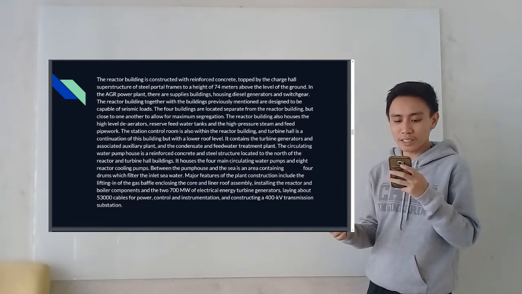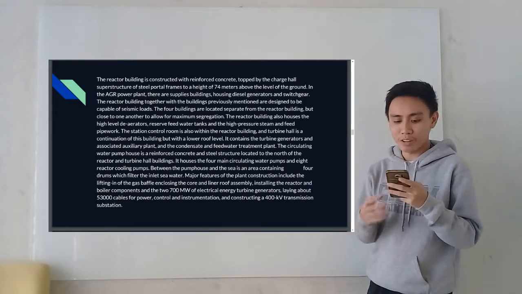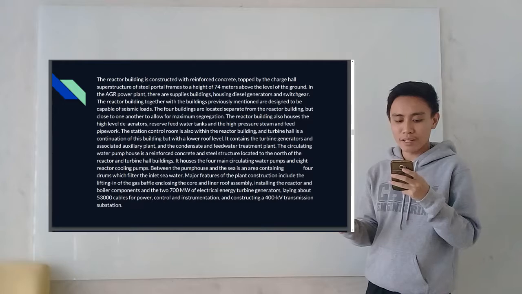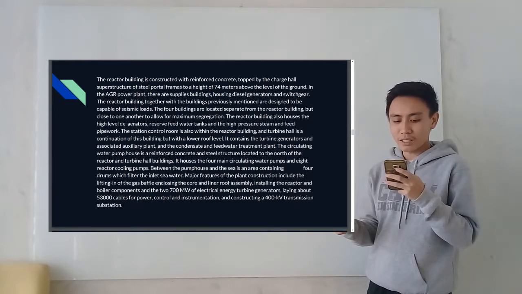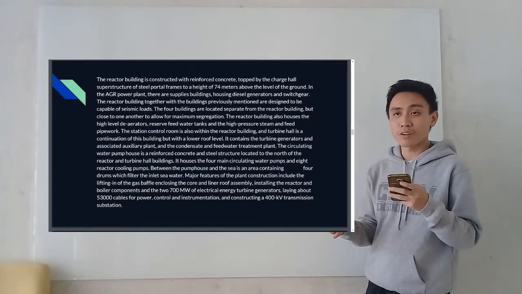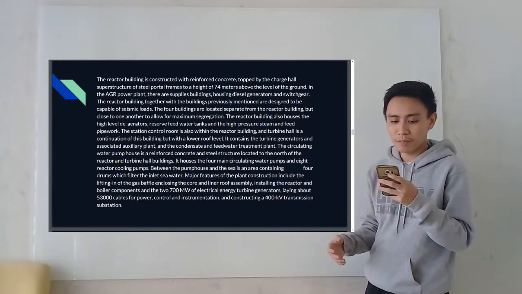The four buildings are located separate from the reactor buildings but close to one another to allow for maximum segregation. The reactor buildings also house the high-level deaerators, reserve freshwater tanks, and high-pressure steam feed for the piping network and for the power plant to function and create energy.